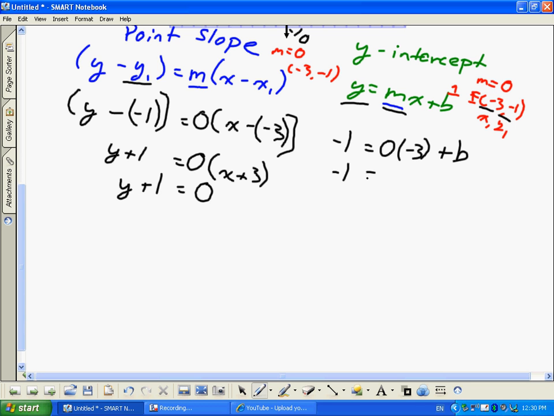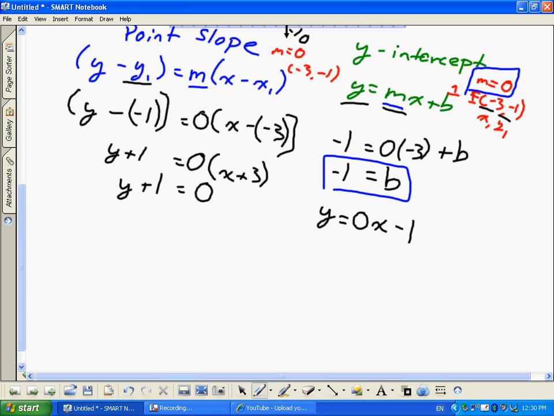So -1 equals 0 times -3, which is 0. Look at that. I got my b very quickly. My b is -1. So now that I have my b and I have my slope, I can make an equation of a line in y equals mx plus b. Y equals, slope is 0, x minus 1.